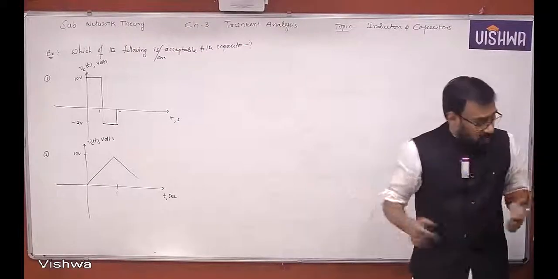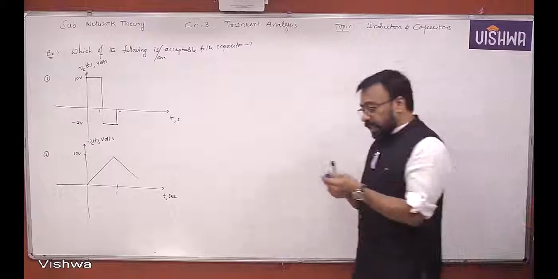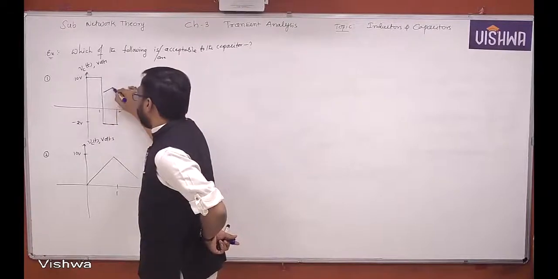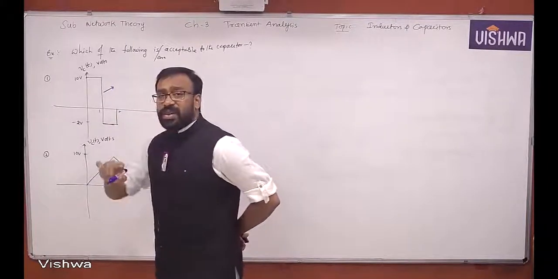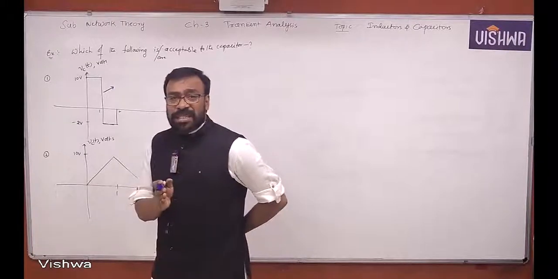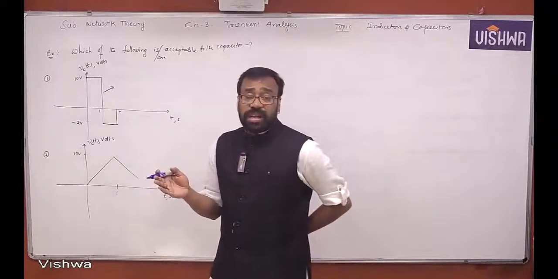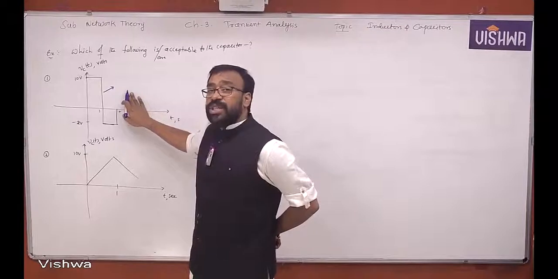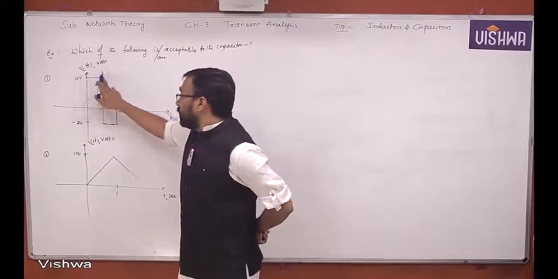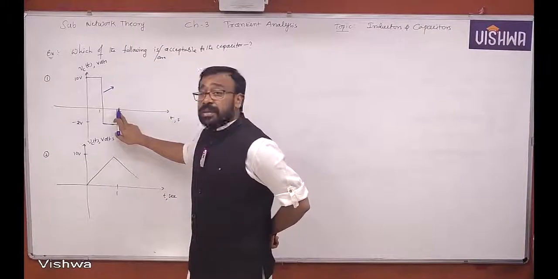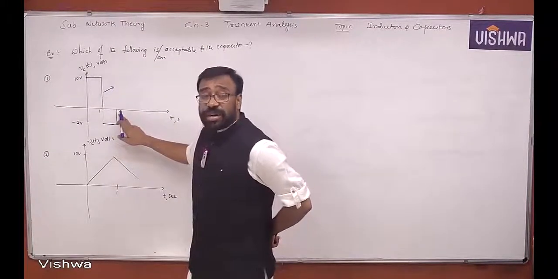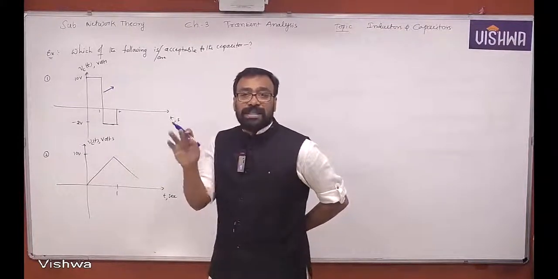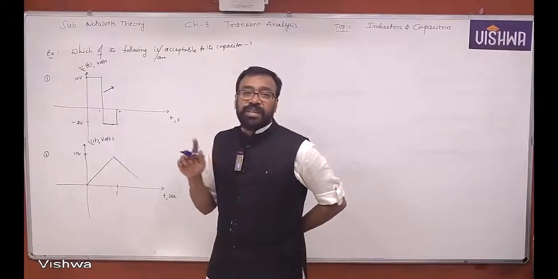Now, looking at this one, 10 volts to minus 2 volts, it is suddenly dropping. When the current through the capacitor is finite, the voltage across the capacitor may not change instantaneously. So, is it acceptable or unacceptable? It is not acceptable. You can also observe that it is a discontinuous function. Discontinuous voltage is not acceptable to the capacitor, keeping in mind that the current through the capacitor is finite.